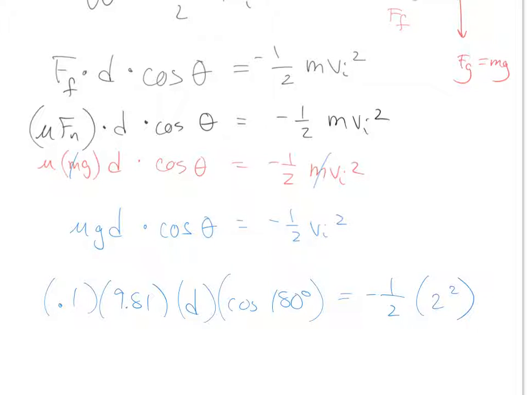Again, for those that find that they like to use variables, please solve this previous line right here for d. Solve this algebraically for d. How far does this person slide?